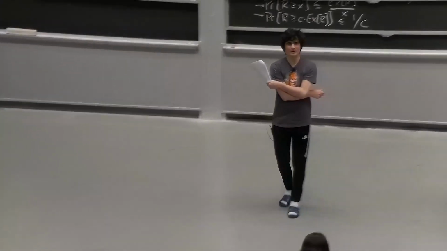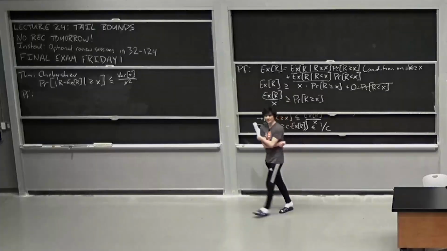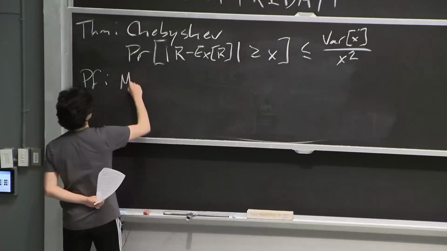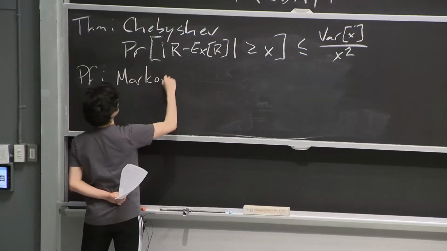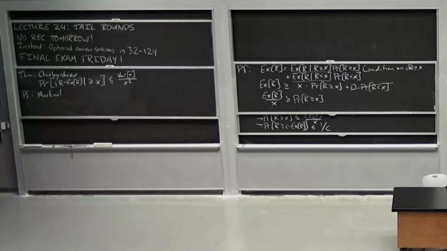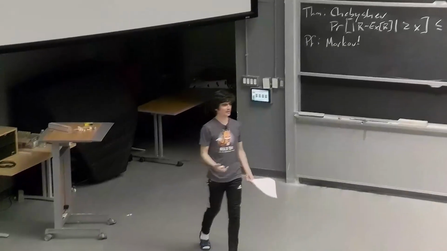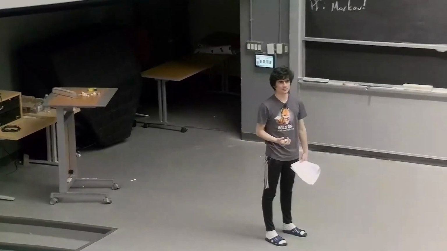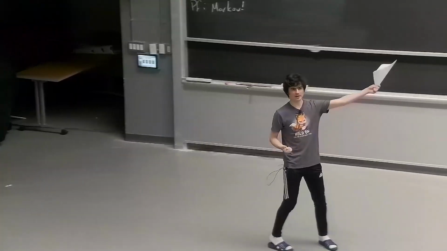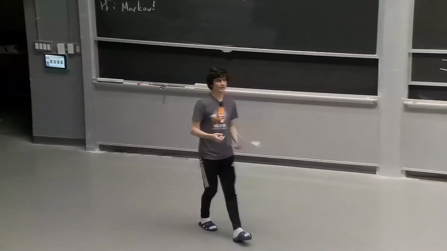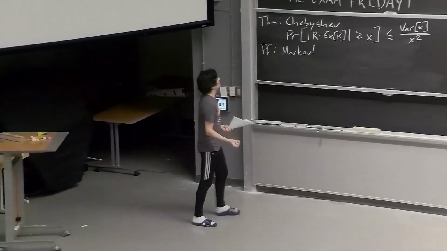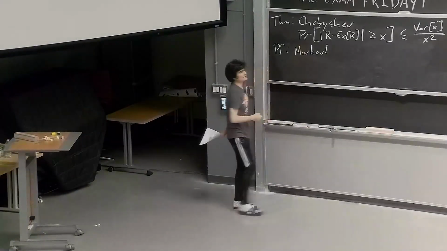So we're going to prove Chebyshev using Markov. In order to use Markov, what do we need? Well, we need a non-negative random variable. Similar to what we were doing earlier with shifting our random variable, we're going to define a new random variable that we can then apply Markov to, and that should give us this result.